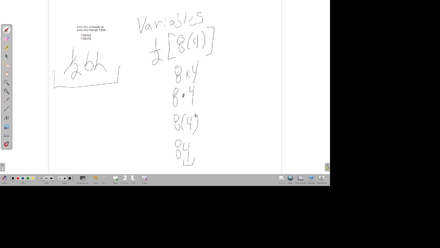And that's why we have the parentheses, so that you can see that's two separate numbers next to each other. That's all that parentheses means in the multiplication, is you're showing this is an 8 and this is a 4, and it's multiplication. I don't need the parentheses because this is clearly a B and this is clearly an H. We don't have a letter that looks like this. I hope that clears that up. I don't know if it did or not, but I hope that clears that up.